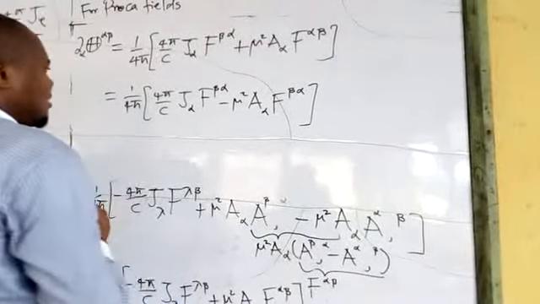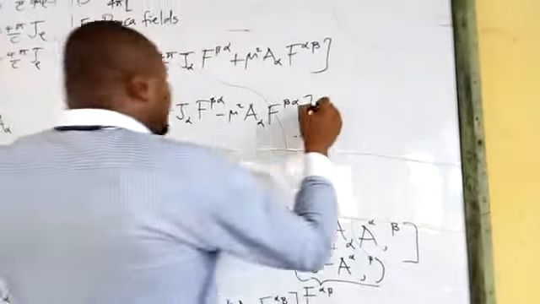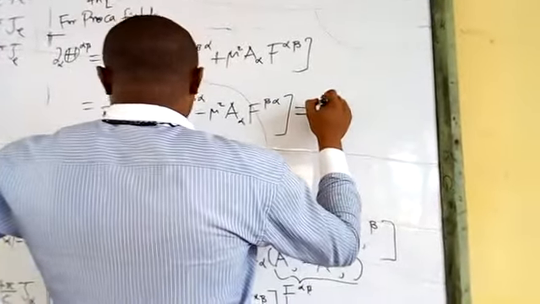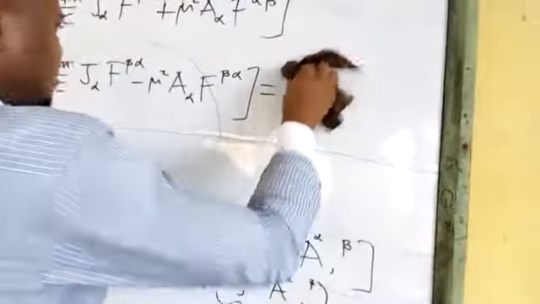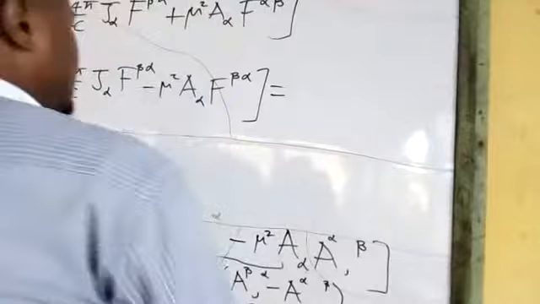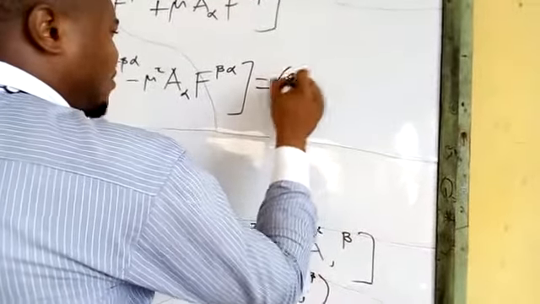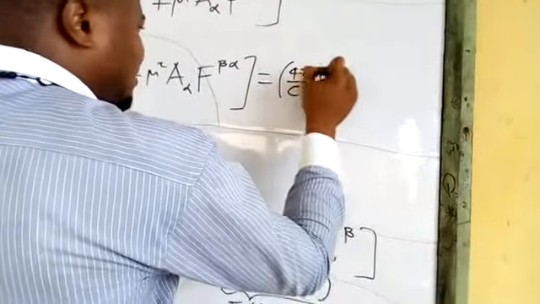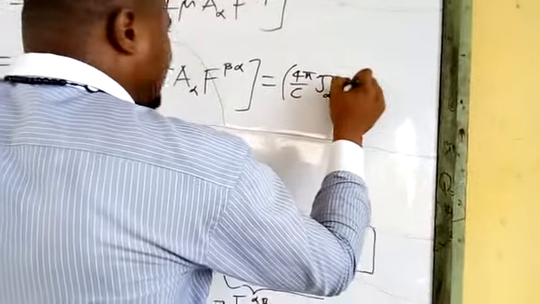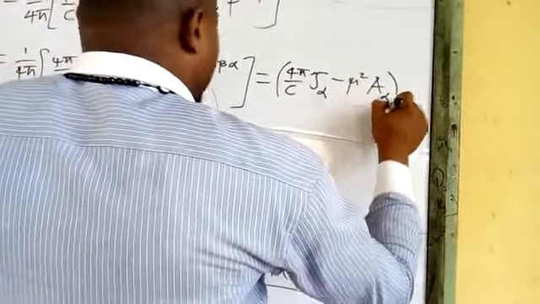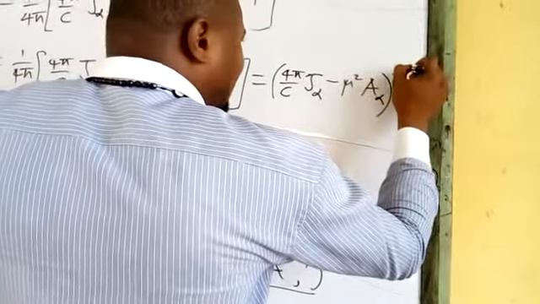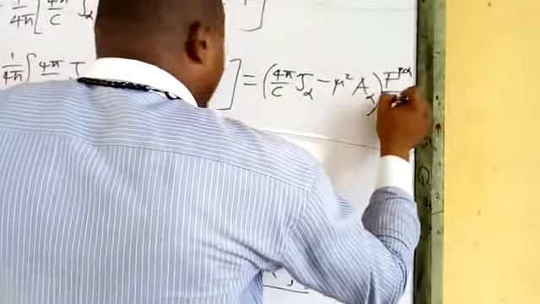So I can pull out the f beta alpha. So let me do that here. This will become here f beta alpha. Maybe I can just put that at the far left. I think it wouldn't spoil anything. This will be 4 pi all over c j sub alpha minus mu squared a sub alpha, and then what I'm going to have at the end is f beta alpha all over 4 pi.